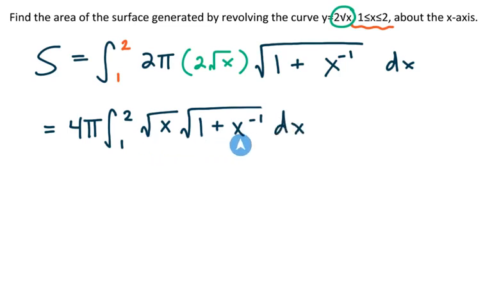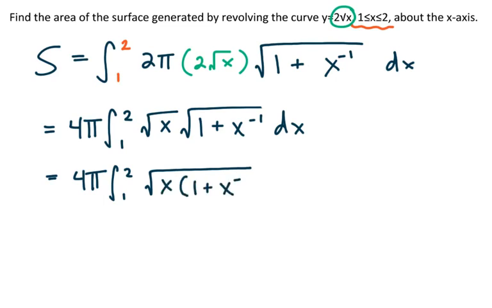So we need to simplify our integrand, and using properties of radicals, these radicands, we can multiply them. So I've got 4 pi, 1, 2, and that would be x times 1 plus x to the negative 1 dx.